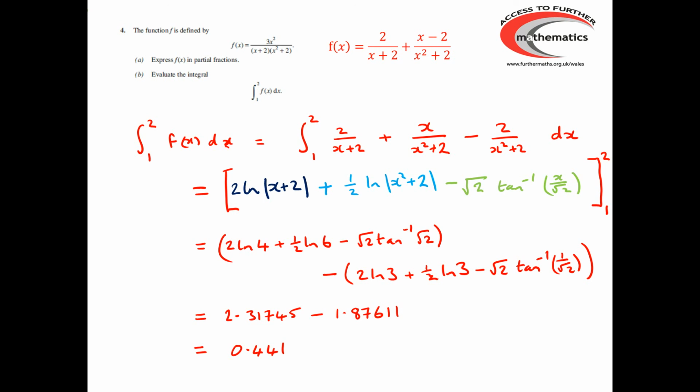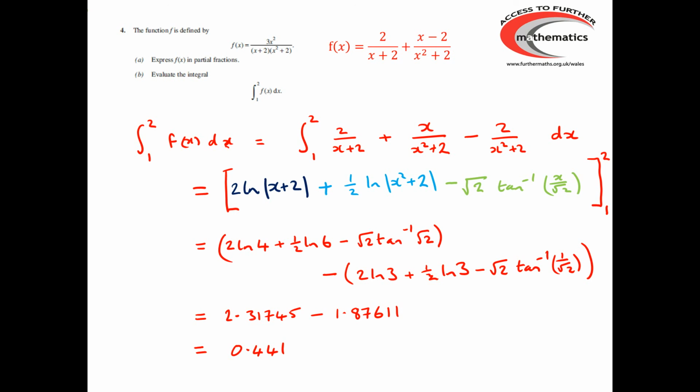In terms of the marking for this question, part A received 4 marks, 1 mark for knowing how to split the partial fractions up, and then 3 marks for obtaining the correct values of A, B and C. And then for part B, evaluating the integral, the first mark was for splitting the integral up into its 3 separate bits.